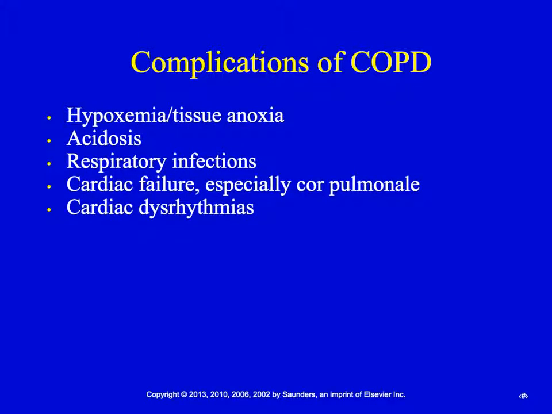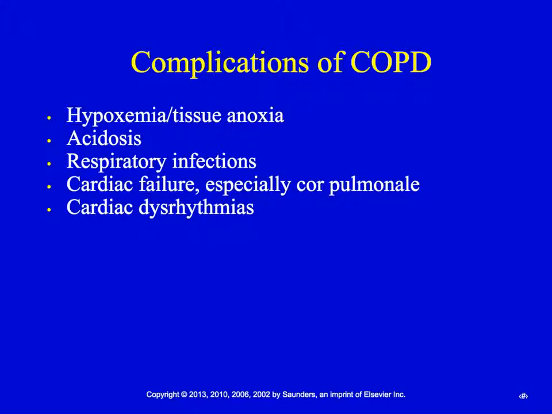So the combination of the progressive inflamed airways, the progressive loss of lung elasticity, and the ability to exchange gases is going to lead to hypoxia and tissue anoxia. It's basically they're just not going to get enough oxygen to the tissues if they don't have that good gas exchange. Acidosis is related to the retainment of CO2. CO2 is an acid.